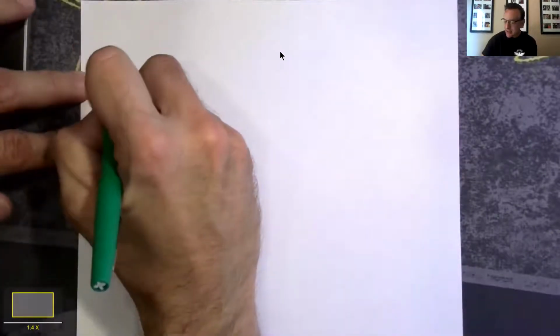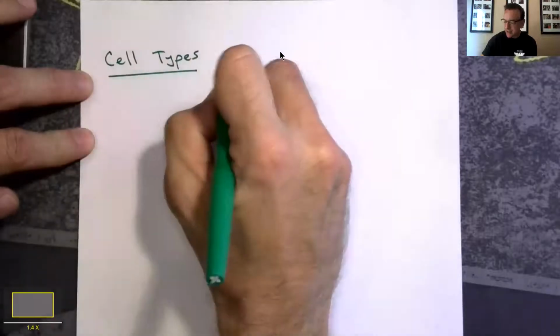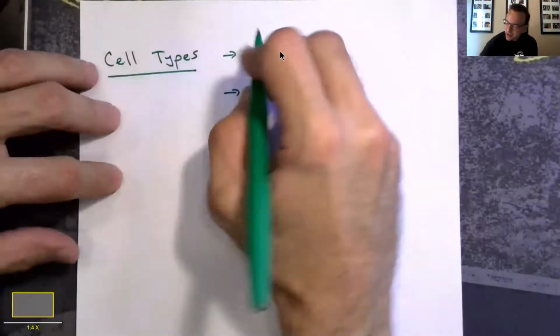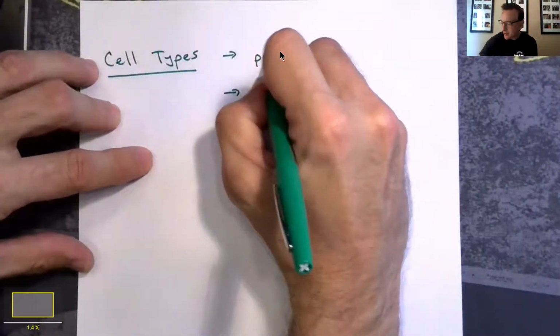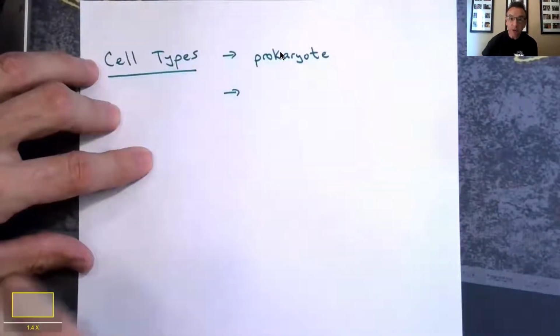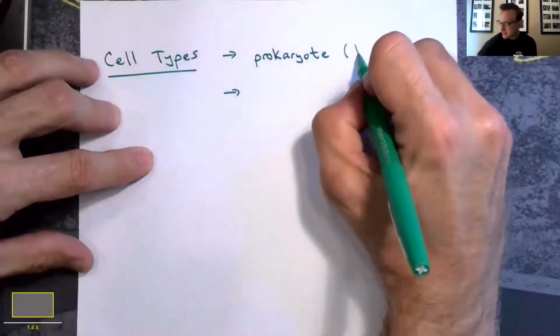So when you look at cells, there's two major cell types, okay? And they're all based on the nucleus or the lack or absence of a nucleus. So there's two cell types. There's the prokaryotic cell, or the prokaryote, and these are simply the bacteria.